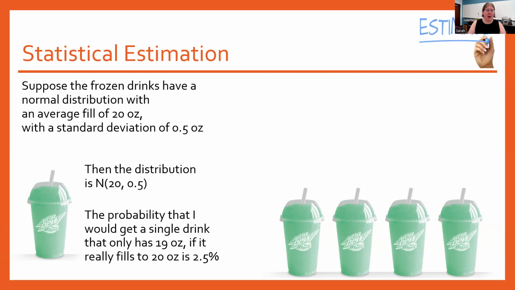And then if I put that into Rossman Chance, the probability that I would get a single drink that only has 19 ounces, if it really fills to the 20-ounce line, is 2.5%. So about 1 out of every 45 or so I would expect to get one that's underfilled. So that's plausible. It's not encouraging that I got the 1 out of 45 that was underfilled, but things happen. That's okay. That's life.